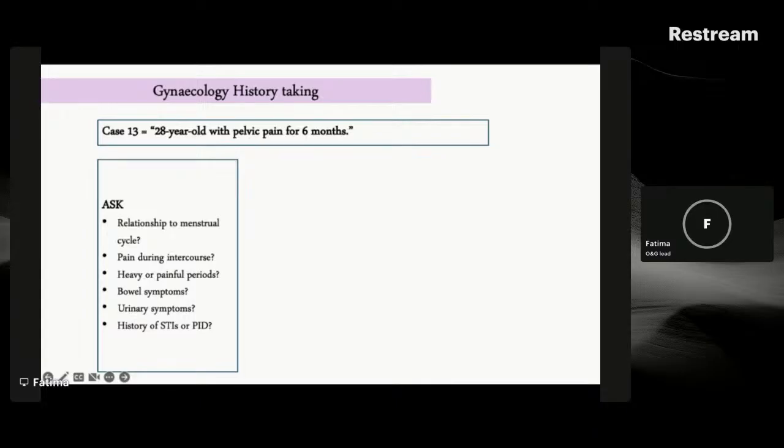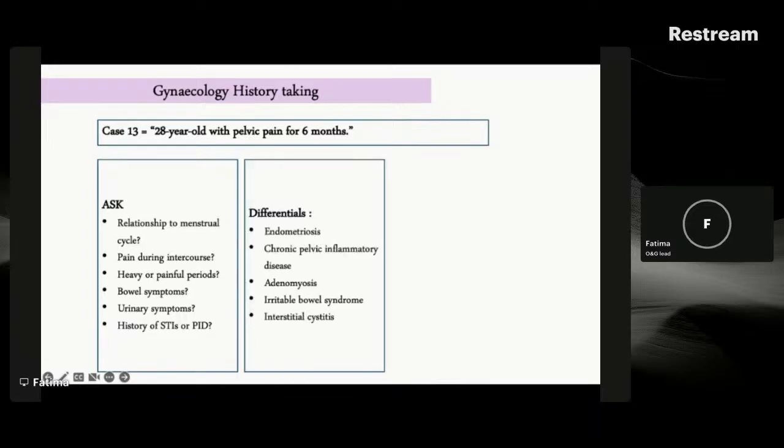Bowel symptoms like bloating or altered bowel habits might suggest IBS, irritable bowel syndrome, while urinary frequency or bladder pain could suggest interstitial cystitis. A history of STIs or pelvic inflammatory disease is important because chronic infections can lead to ongoing pelvic pain as well.